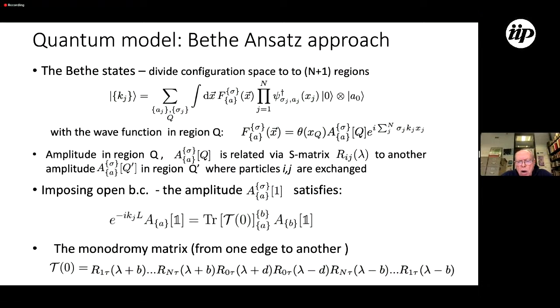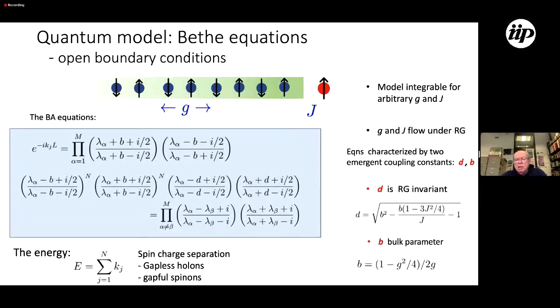And then there is a beautiful technical part which allows us to diagonalize this operator, which translates us, the operator which brings us from one edge to the other. This leads to a set of equations called the Bethe-Ansatz equations.